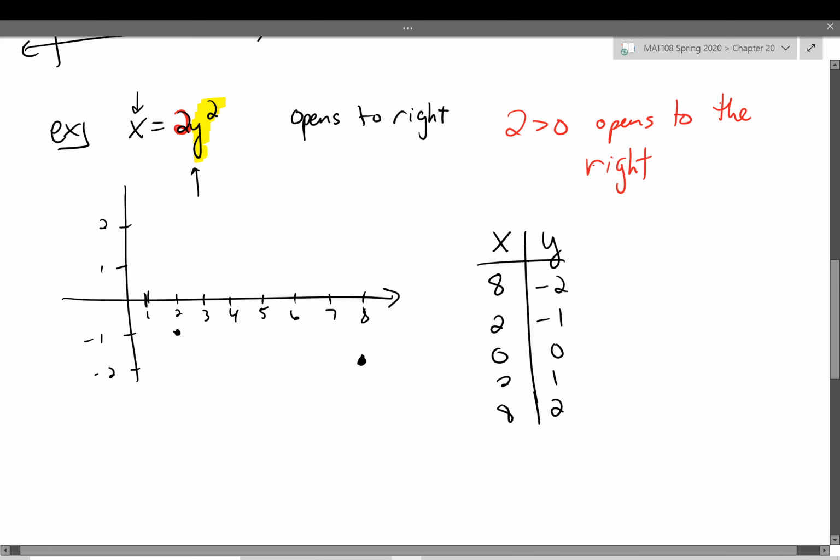We have the point 0, 0, right there. Let me darken these in a little bit more. We have the point 2 comma 1, right here. And then we have the point 8 comma 2, which is going to be up here. So you can already see that this is a parabola that opens to the right.